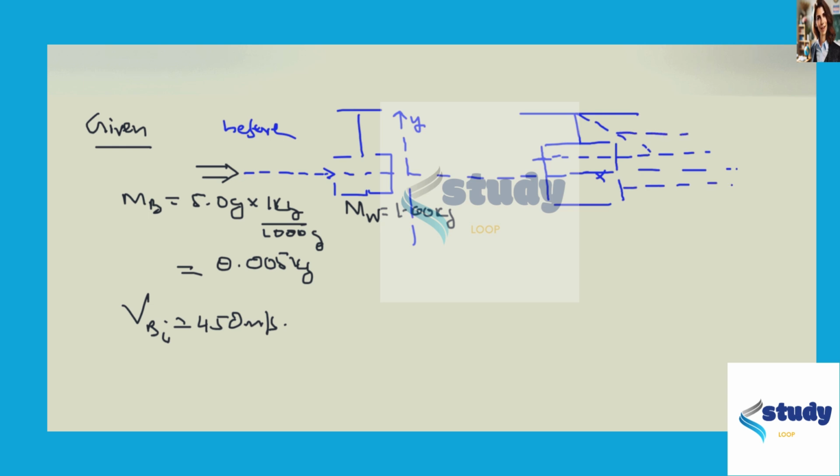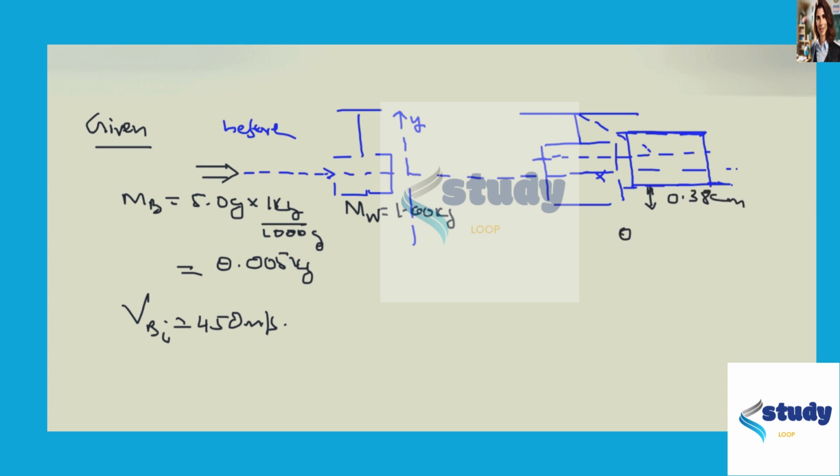So right now, if it happens to be here, you can see that there's a change in height for the block. So this distance right here is 0.38 centimeters.